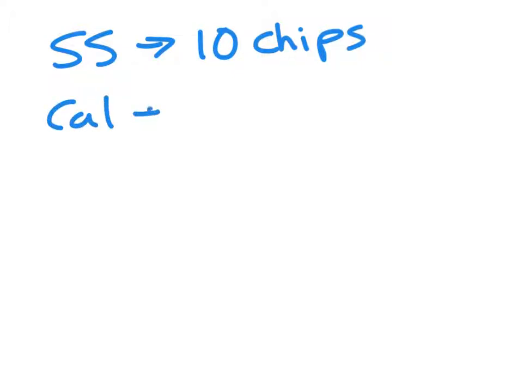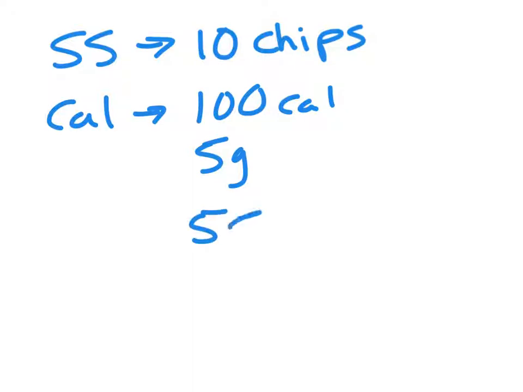labels it also tells us the calorie content. Let's say for 10 chips there are 100 calories, 5 grams of fat. Chips are always obnoxious, so let's say 550 milligrams of sodium. It's probably even more than that depending on the chips.